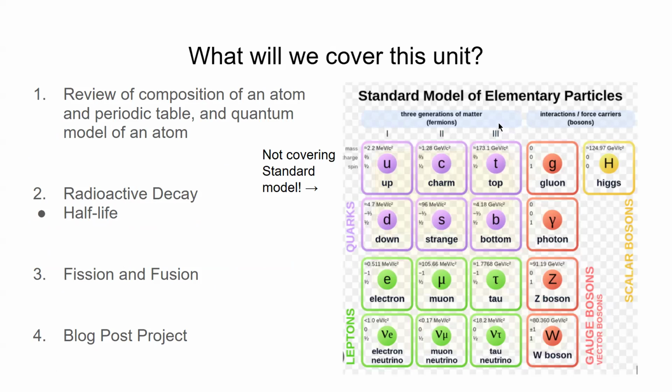Something that is cool, that actually deals with the mechanics of nuclear physics, is the standard model of elementary particles. All of our particles are made of up and down quarks, and a different combination of these quarks will give us protons and neutrons. But then we also have the electrons, and these quarks will be held together by gluons.